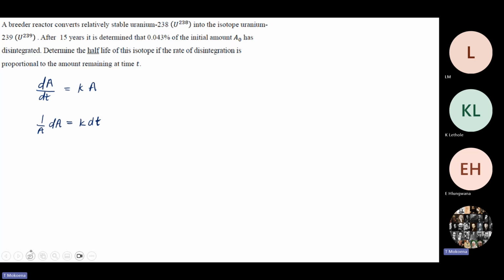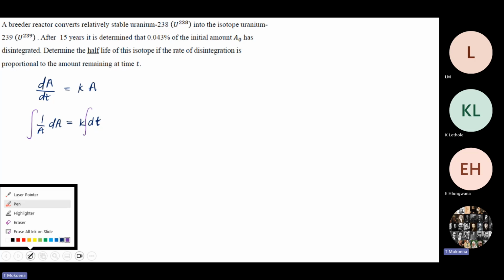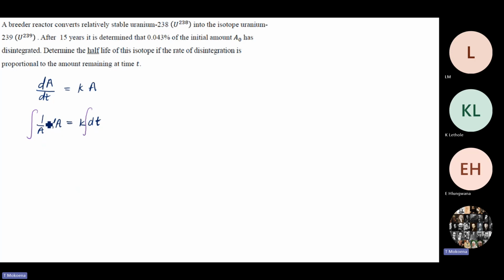And therefore from here, we're going to integrate. You see, we are repeating the same thing now. The integral goes inside because this is not the constant, but k I'm going to take outside because it's the constant. Now integrating this side, the integral of 1 over A with respect to A, means we're going to have ln of A equals, what is the integral of dt? 1 dt is going to be kt, plus C. Why do we add C?